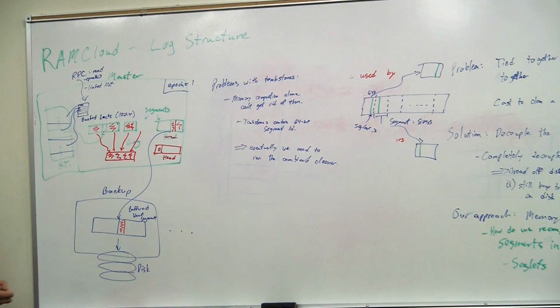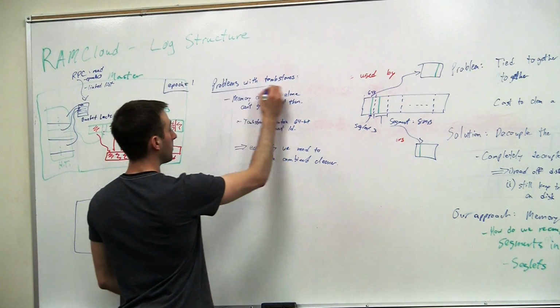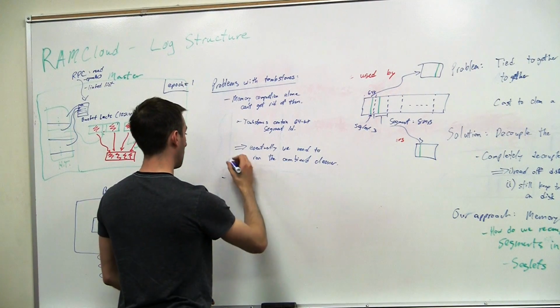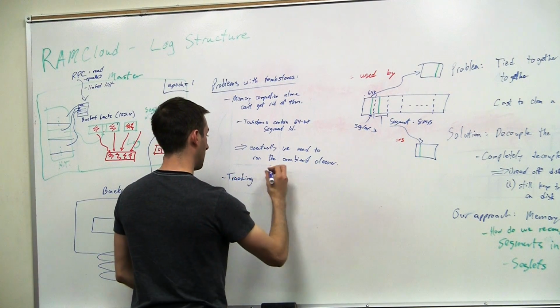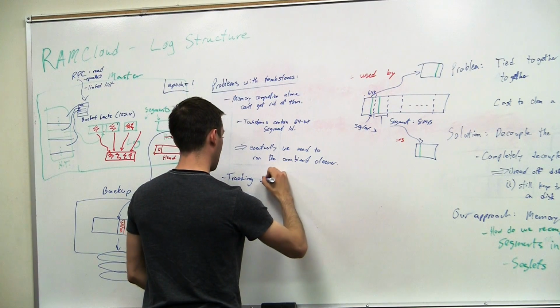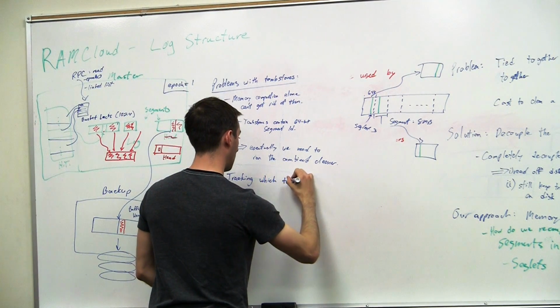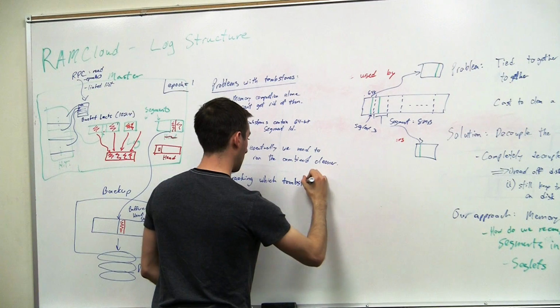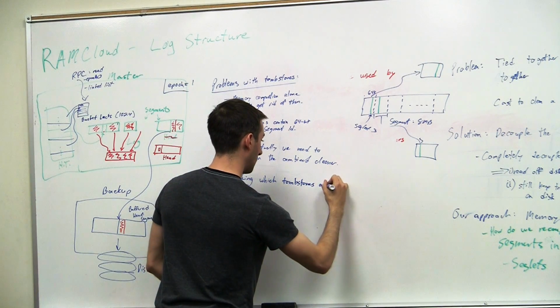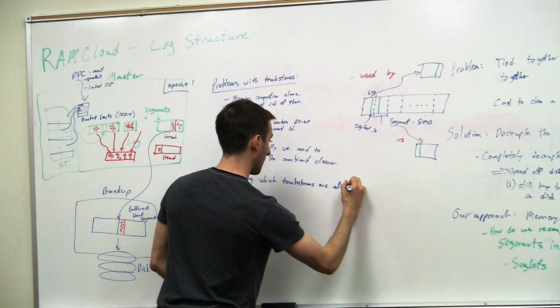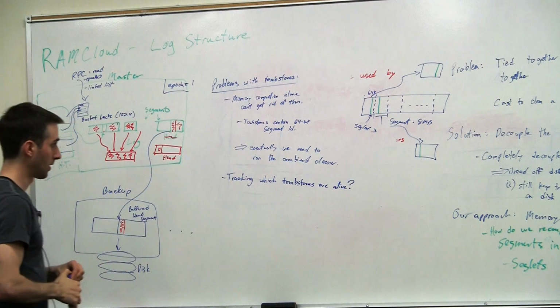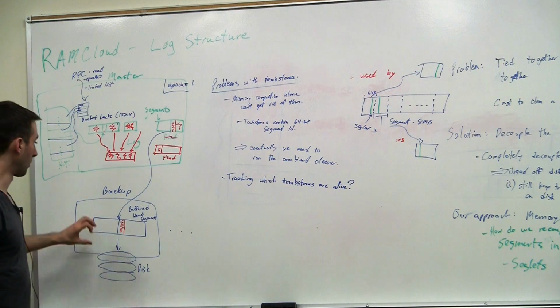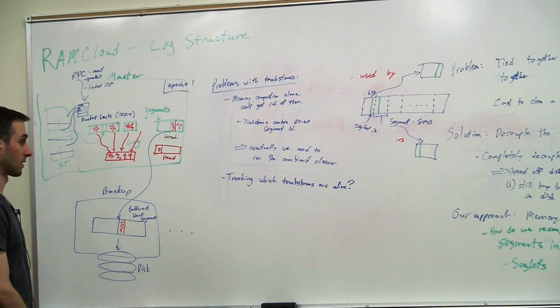Okay. There's also another minor problem with tombstones, and that is, how can we track which tombstones are alive? Tombstones die when you clean a segment on disk and get rid of it.